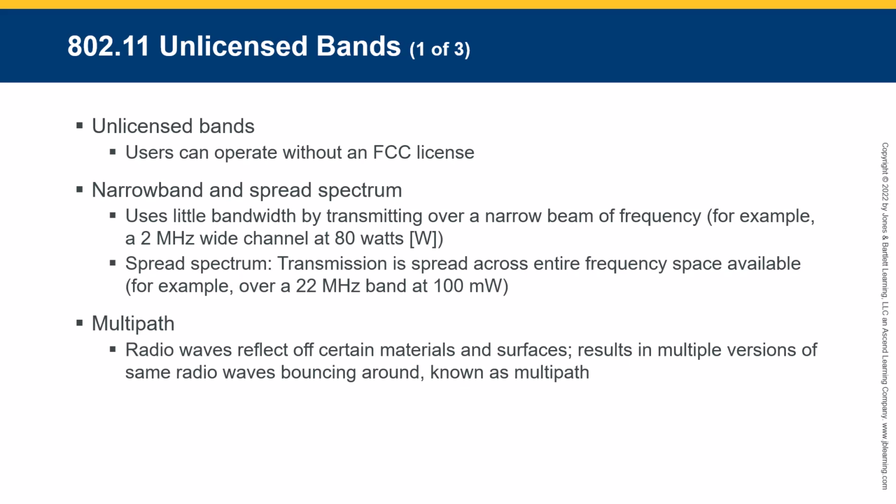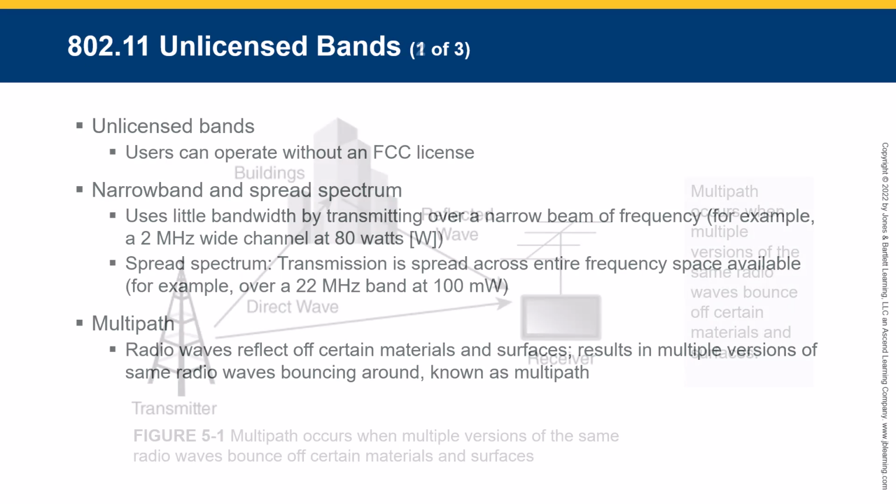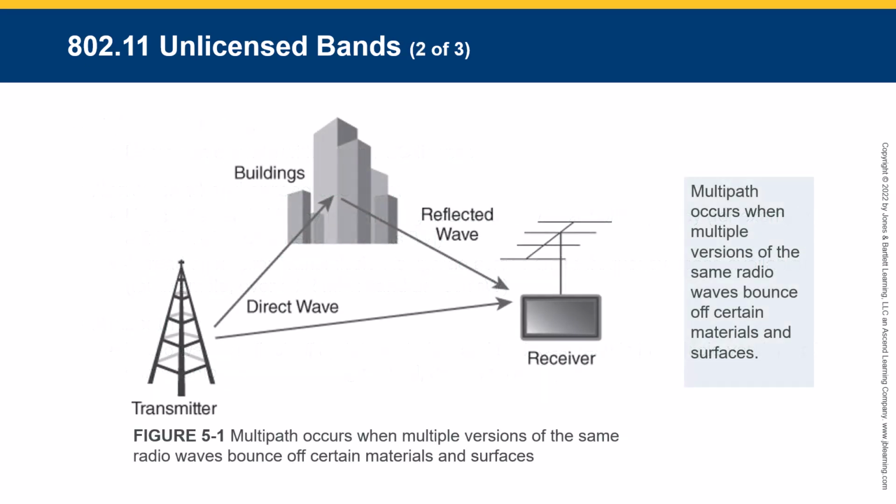Again, multipath is multiple radio waves that originated from the same source, but because of colliding with other materials, there are now multiple copies of the original signal. We have the ability to do a direct wave, and we beam it off of a building that reflects it back to a receiver. That would be an example of a multipath.